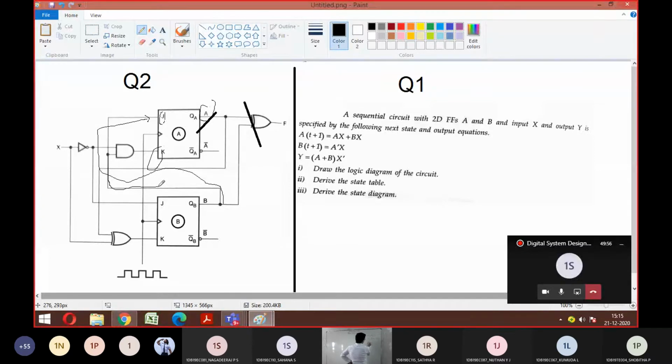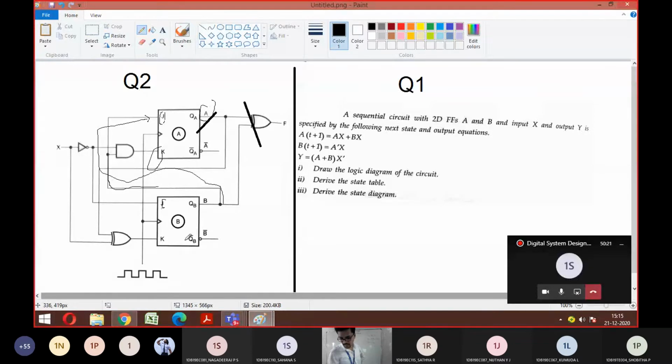In the same way, tell me JB and KB. What is the JB equation? X bar. You can see JB is here, and this connection is from X bar, so I can write JB as X bar. Good. What about KB?